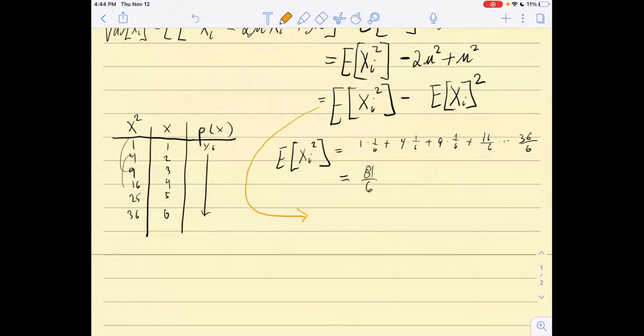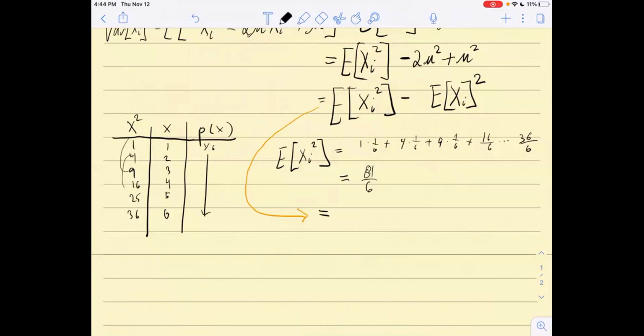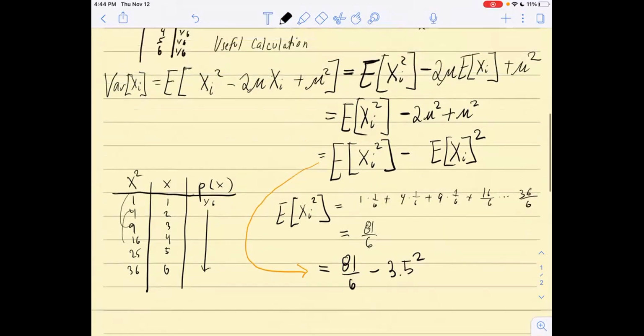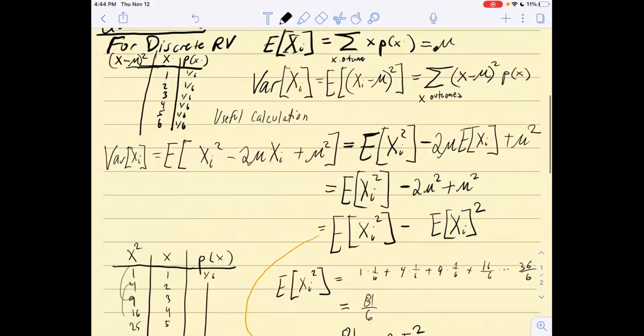This would be equal to 81 over 6 minus 3.5 squared. Any questions on how to find the expected value and variance for a discrete random variable?